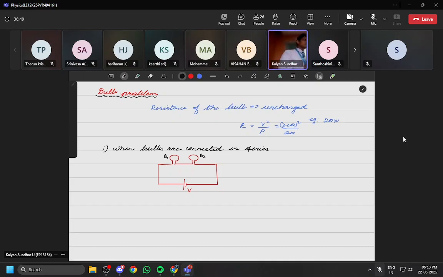The initial potential will be there, correct? Whatever power you mention, the potential is going to be 220 volt, correct? So let it be V0. This is a standard voltage rating. So V0 is your voltage rating.